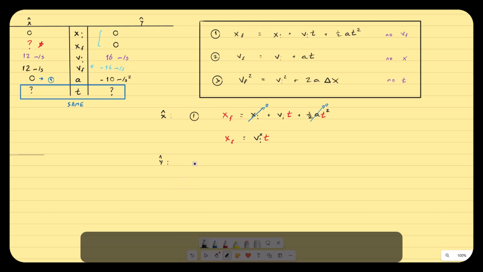Y direction. I used equation 1 for x, so I would kind of like to use equation 1 for y because I know I'm going to have the same couple of variables. So here we go, y final, y initial, v initial t, half a t squared.